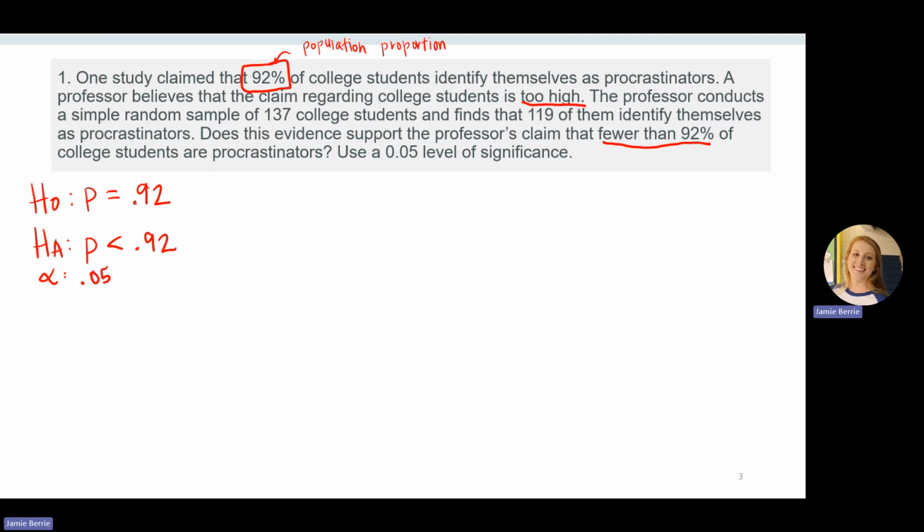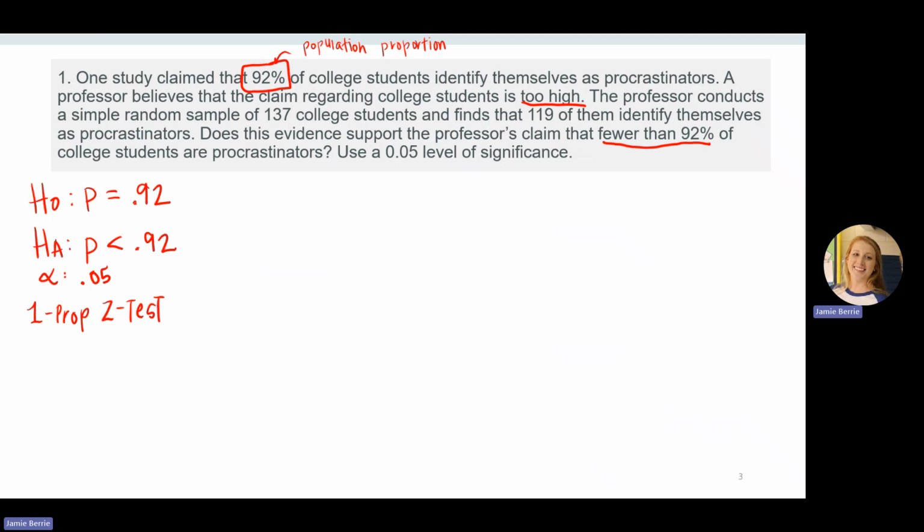All right, so just like when we were doing confidence intervals, if you are doing a hypothesis test for a population proportion, the option that we're going to use in the calculator is called one prop Z test. If you remember when we did the confidence intervals, it was called a one prop Z interval. So this one's called a one prop or one proportion Z test.